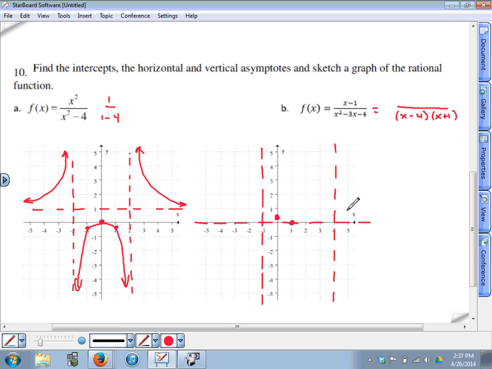Now over here in part B, because the horizontal asymptote is right on the x-axis, we actually have to do a little bit more work to find out whether the graph is above or below the x-axis. So if we let x equal 5, for example, and you plug it in, I'm actually going to get it back into factor form.